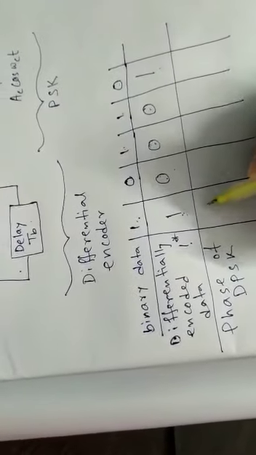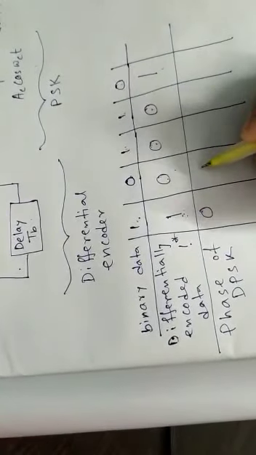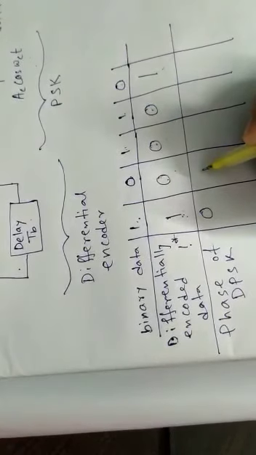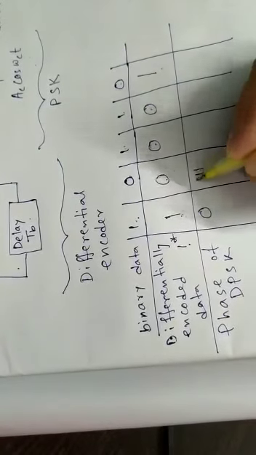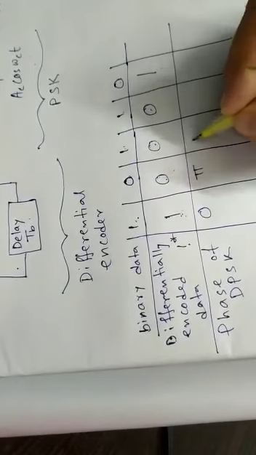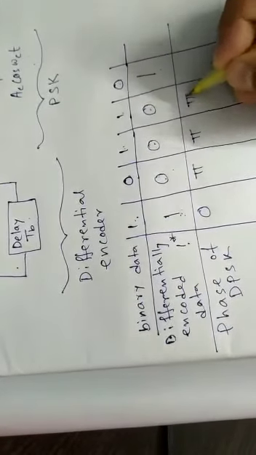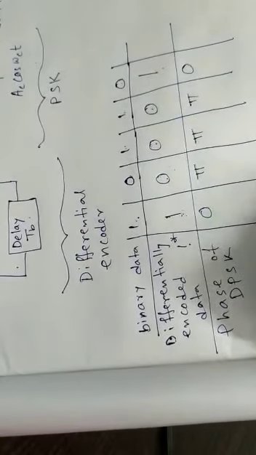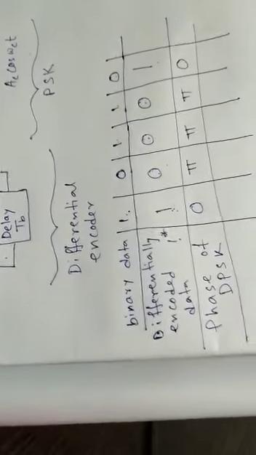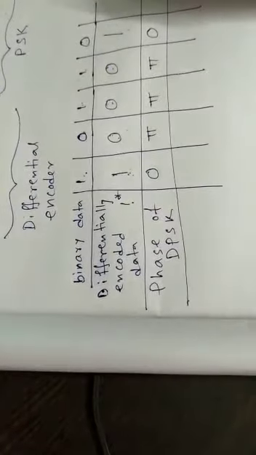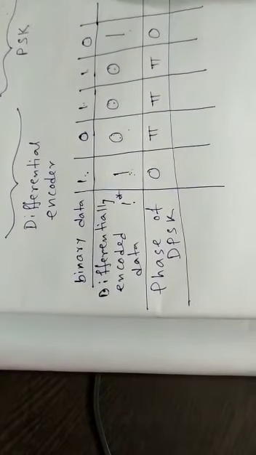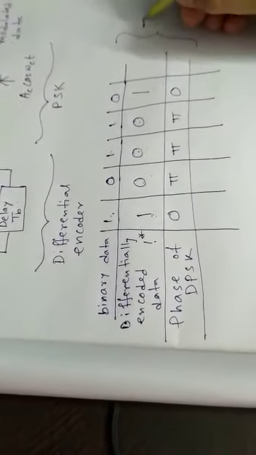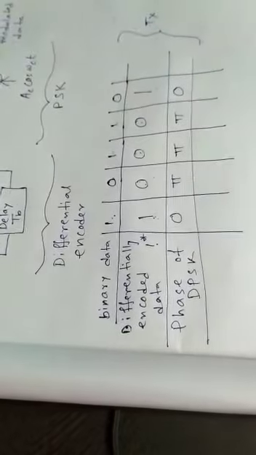That means there is no phase shift, that means 0 phase shift. 0 is represented by pi phase shift or 180 degree phase shift. So this is the phase of DPSK. So this is the transmitter part.